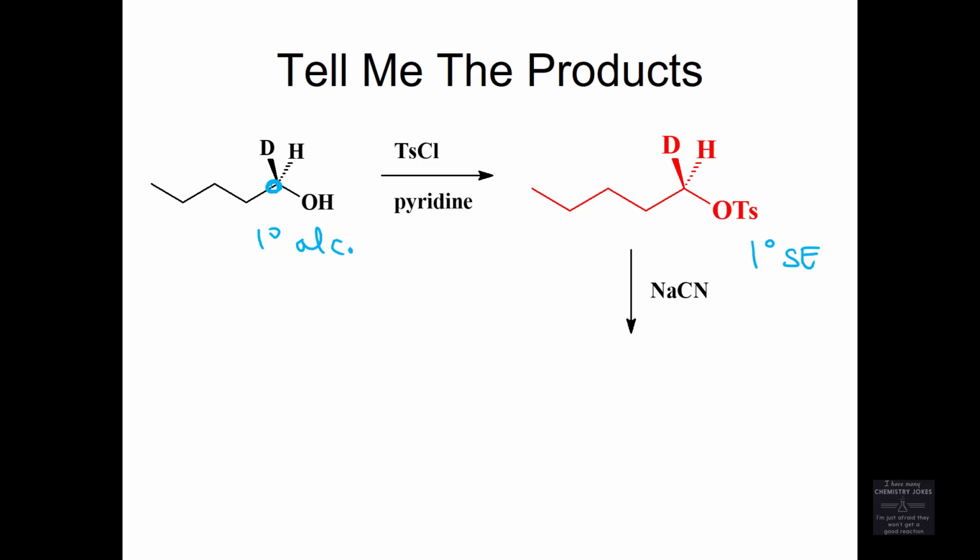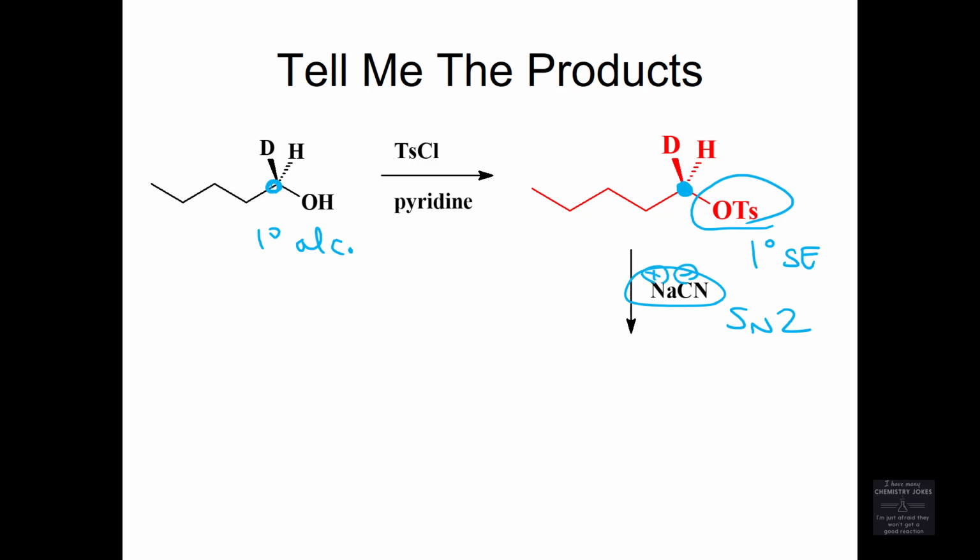So when I substitute as a primary sulfonate ester, I'm considering that carbon right there, that carbon that's connected to this group, which is my sulfonate ester. Sulfonate esters are good leaving groups. So it's a primary sulfonate ester. The flow chart says primary SN2. When you add cyanide to this sulfonate ester, you're going to do an SN2 reaction.